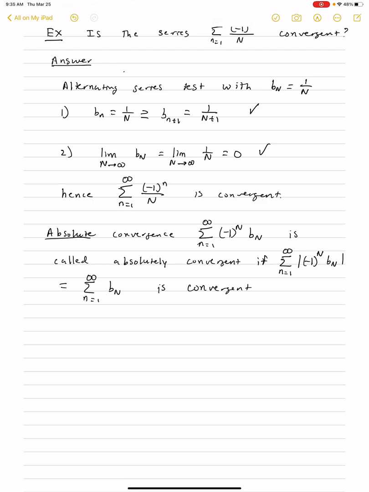So let's do an example of this, and let me note one thing. Note if the summation from n equals 1 to infinity of b sub n is convergent or absolutely convergent, then the summation from n equals 1 to infinity of minus 1 to the n multiplied by b sub n is also convergent.